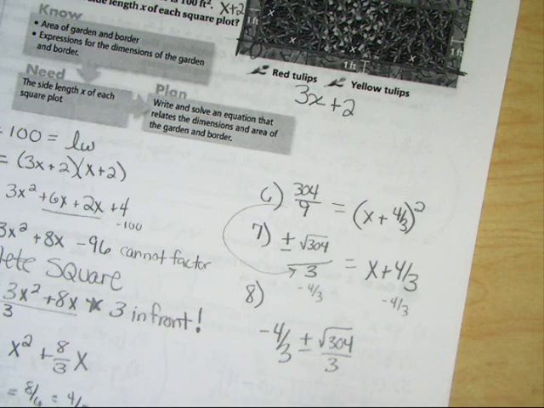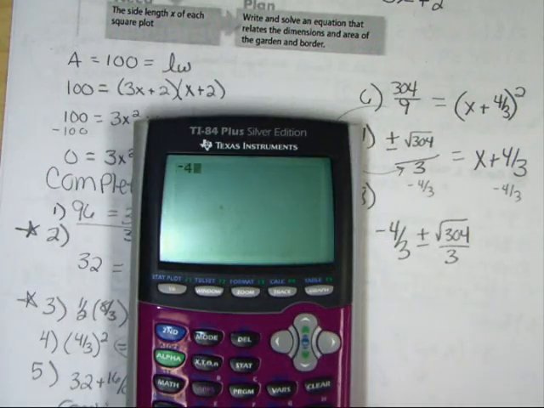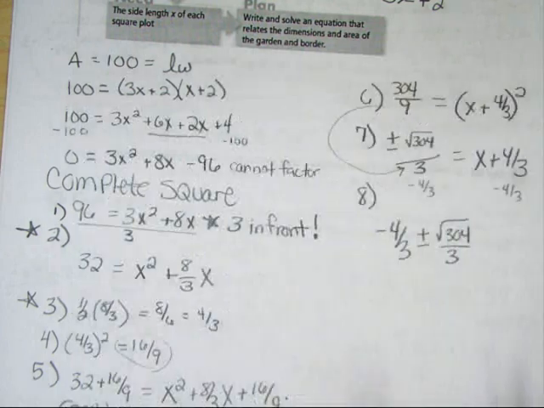Put these in your calculator. Negative 4/3 plus the square root of 304 over 3 makes 4.48.